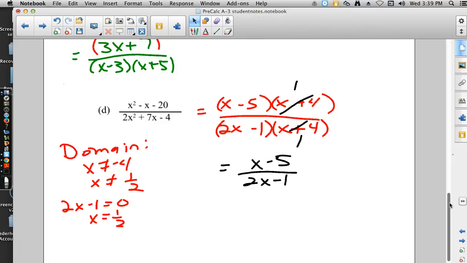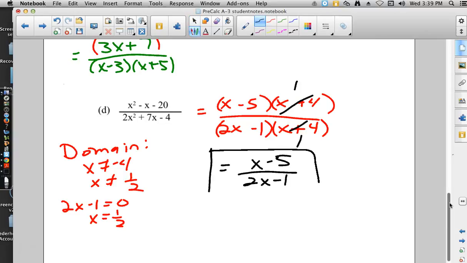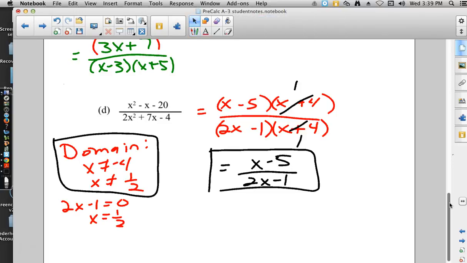And we have x minus 5 over 2x minus 1, and we ask ourselves, should we have any new domain issues? No, obviously we already talked about 2x minus 1, so this is good to go. There's nothing else we can do to it, and there's our domain.